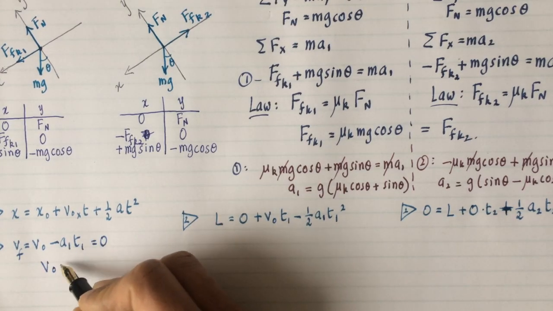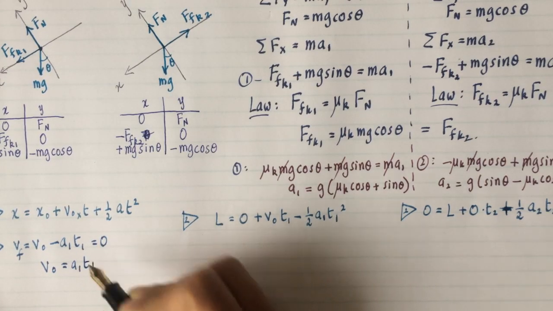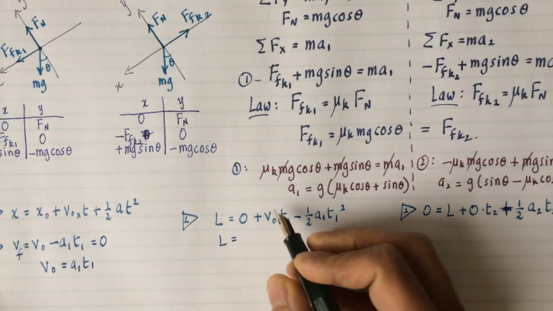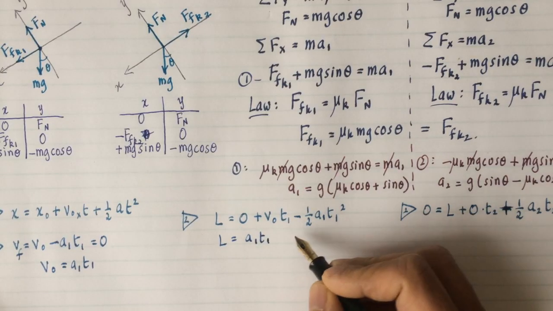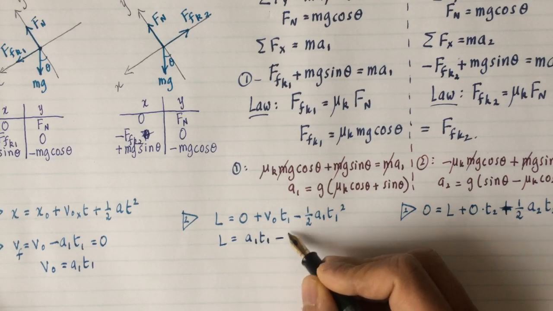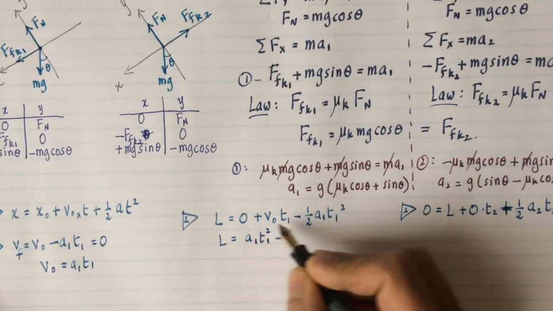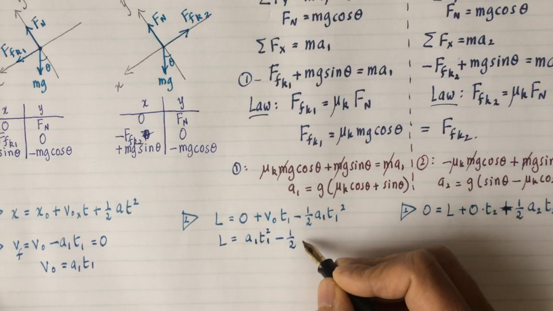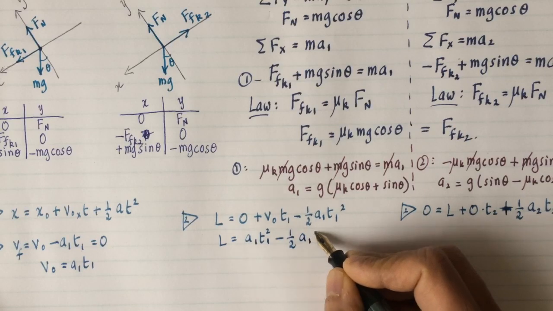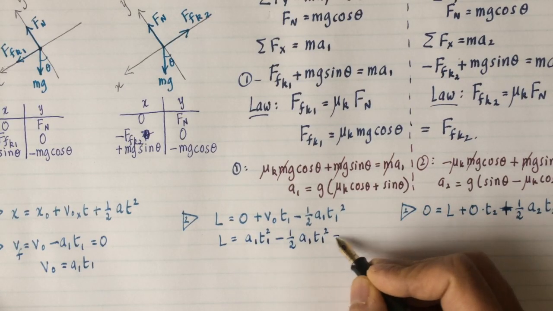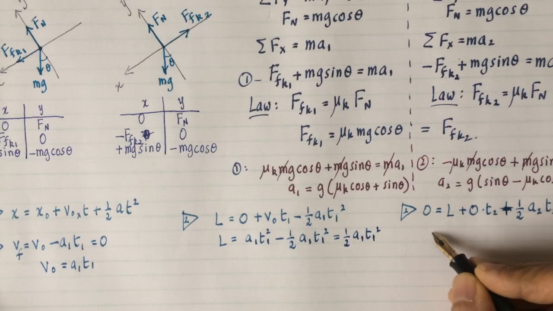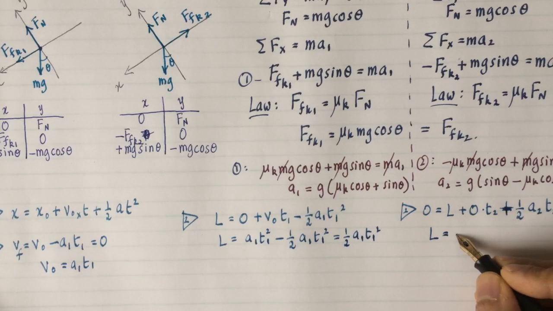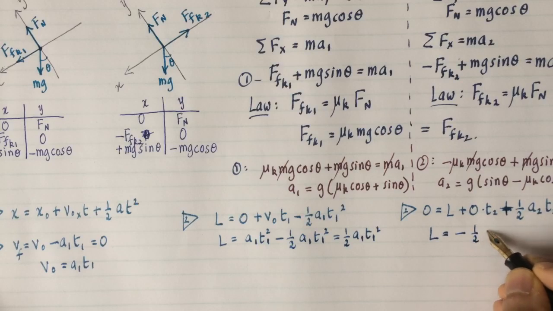This tells me that v naught is actually a1 t1. I can put that in this equation. I get L equals a1 t1 times t1 minus 1/2 a1 t1 squared. So that's going to be 1/2 a1 t1 squared. And here I'm going to get L equals negative 1/2 a2 t2 squared.